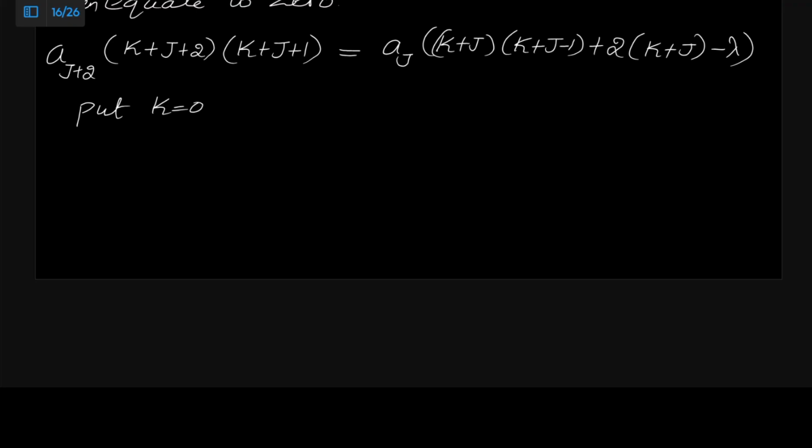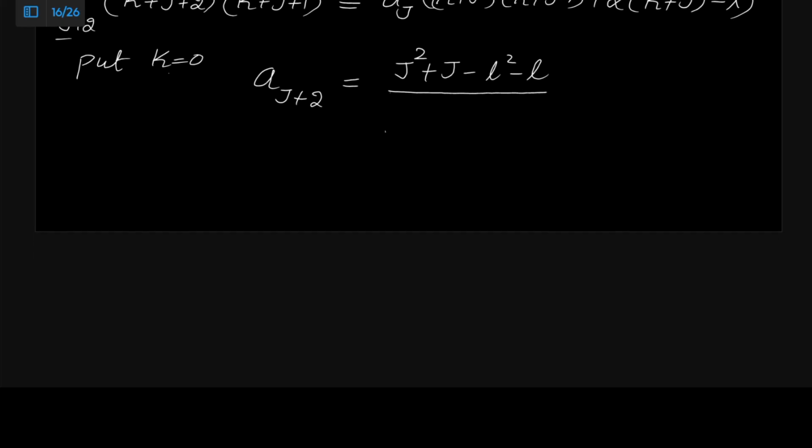Okay, so now just simplify these. On taking k is equal to 0 into consideration, I can write this equation as a j plus 2 as j square plus j minus l square minus l divided by j plus 2 into j plus 1 into aj, where lambda I can take as l into l plus 1.